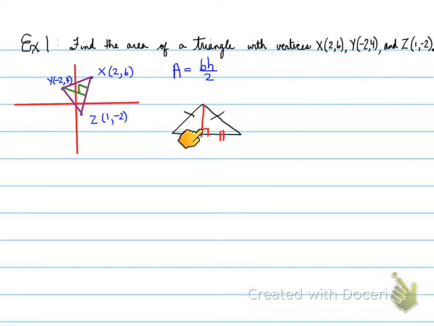That would help us because this point would end up being a midpoint. Or we could have a right angle triangle. And if we had a right angle triangle, guys, we have our base and we have our height, and we can use these to find the area of the triangle.